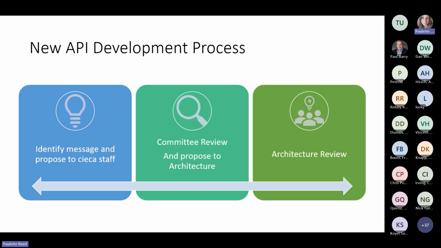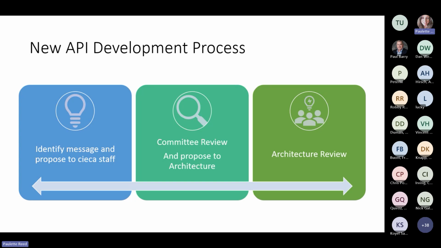Committees all work together to determine all of the elements and data names and everything that we need in the type of message. And once the committee agrees on that, then we send it to the architecture committee. The architecture committee, as Dan says, will review it and make sure that it goes with our guidelines and our rules that we have in place. And if everything looks good, then it's approved.